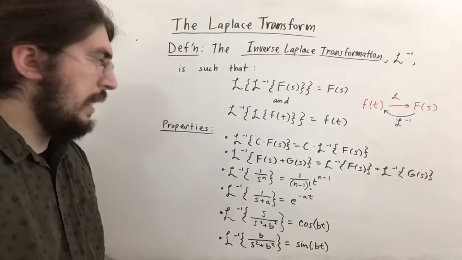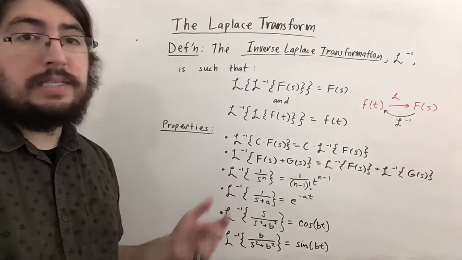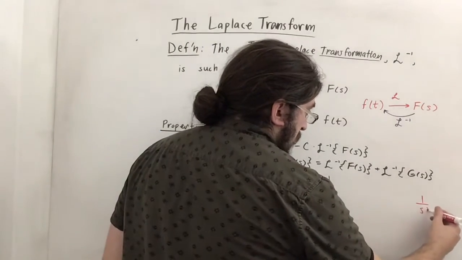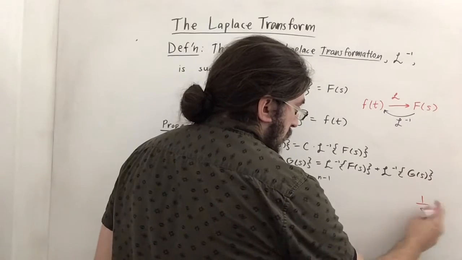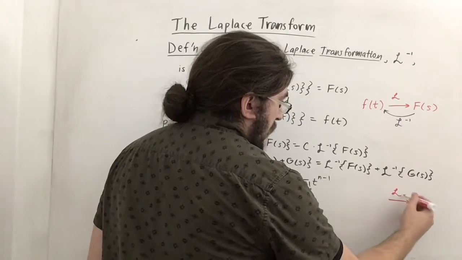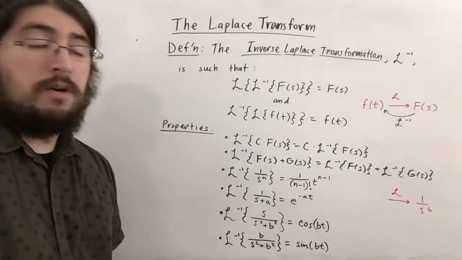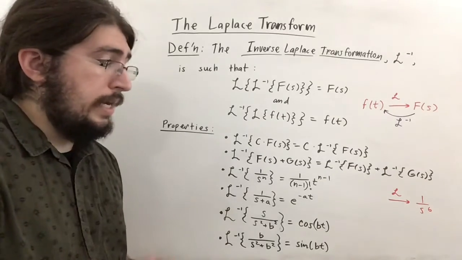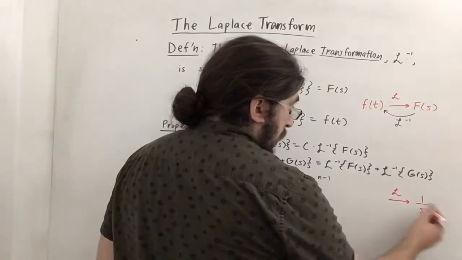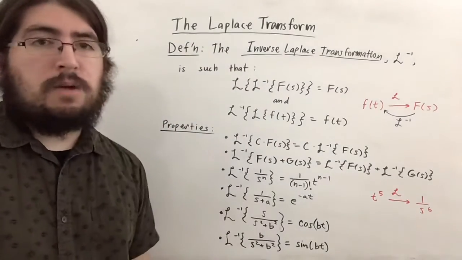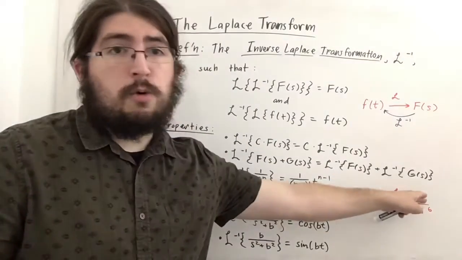So think about, let's say, s to the 6th. If we had 1 over s to the 6th, let's actually talk in terms of this diagram I mentioned here. So I want to take Laplace of something to get 1 over s to the 6th. Now remember from what we saw previously, what do we need? We need the power to be 1 less than this power, so it must be t to the 5th. But in doing that, what we'd actually get is 5 factorial here.